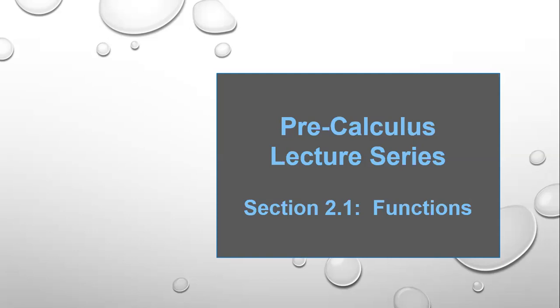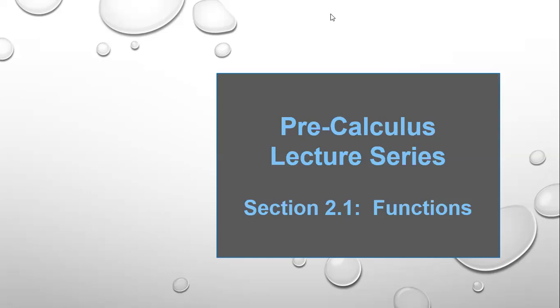Then after that, we're going to talk about how to combine functions and how to find the inverse function. So those are the 5 major topics we're going to cover in this chapter. Okay, so let's start with section 2.1, what functions are and how we define them.